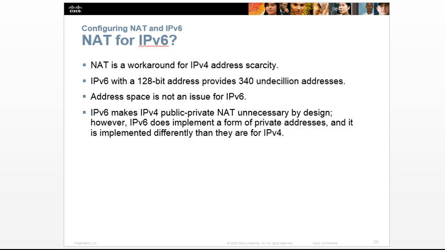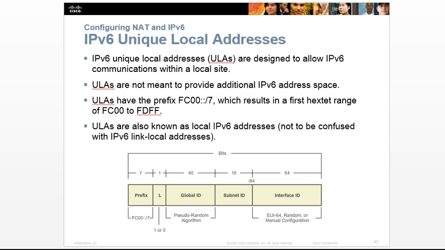IPv6 makes IPv4 public-private NAT unnecessary by design. However, it does implement a form of a private address, but it's implemented differently than it is for IPv4. And in IPv6, that is the unique local address. This is designed to allow IPv6 communication within a local site.